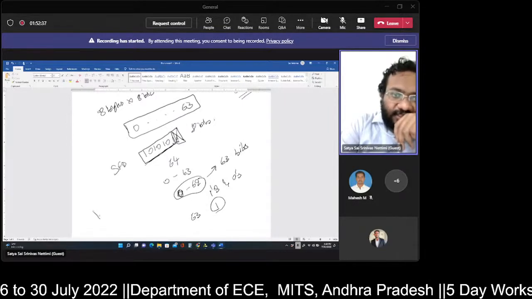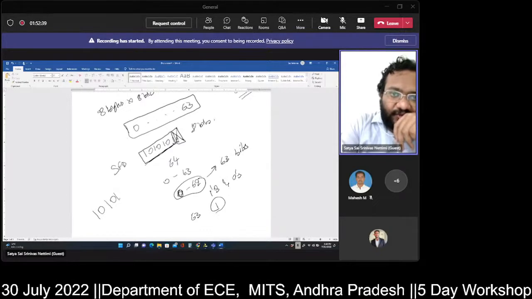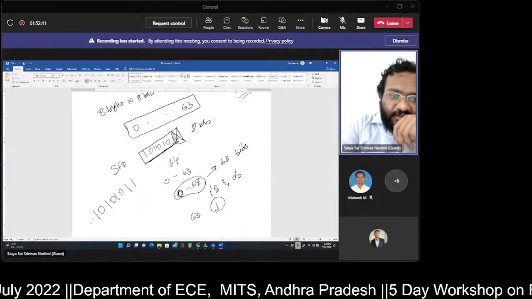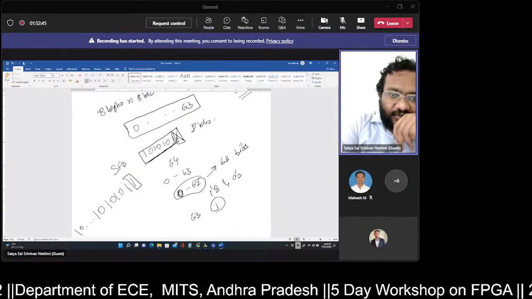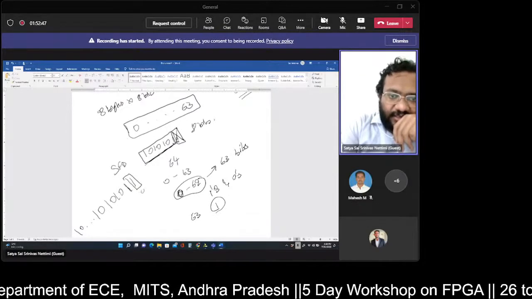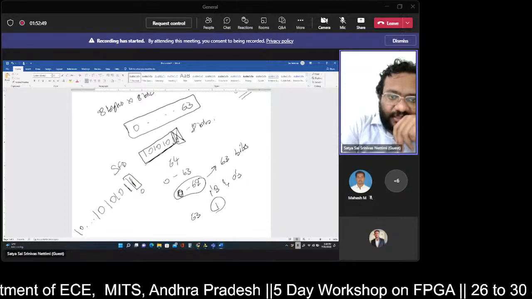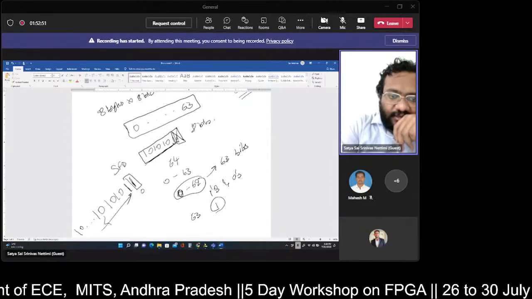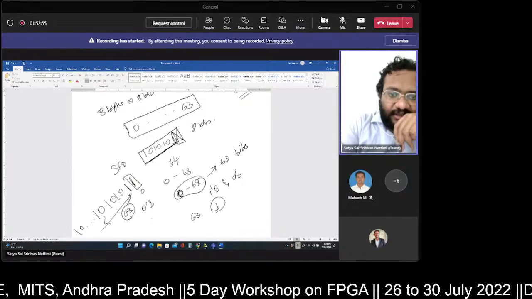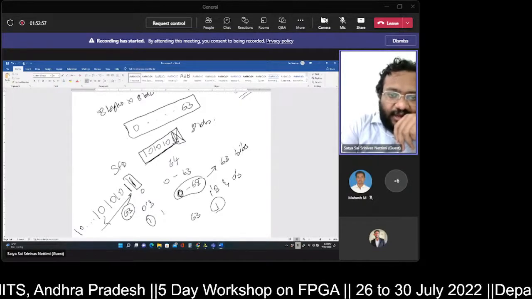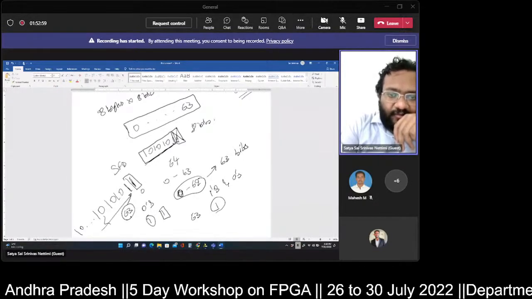So that is 10101011, right? So these all are alternating ones and zeros, but instead of alternating 0, that 0 needs to be represented with 1. So 63 bits should be alternating zeros and ones, and 1 bit will be appended with 1.